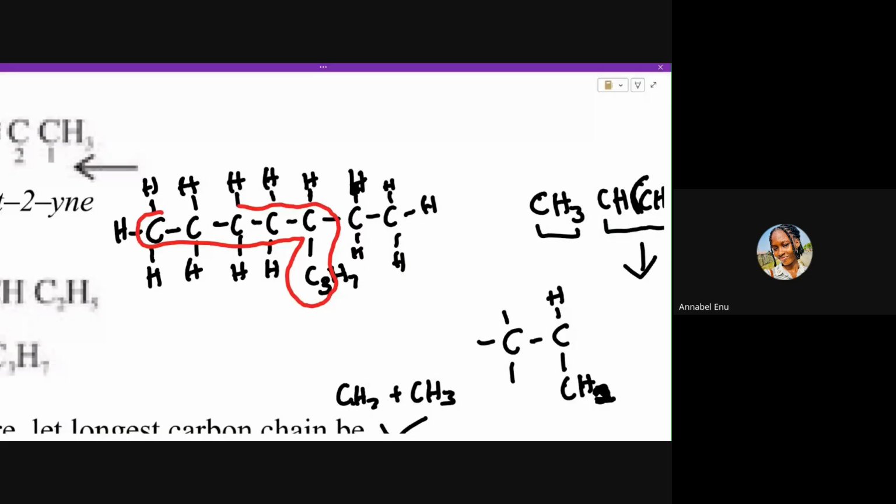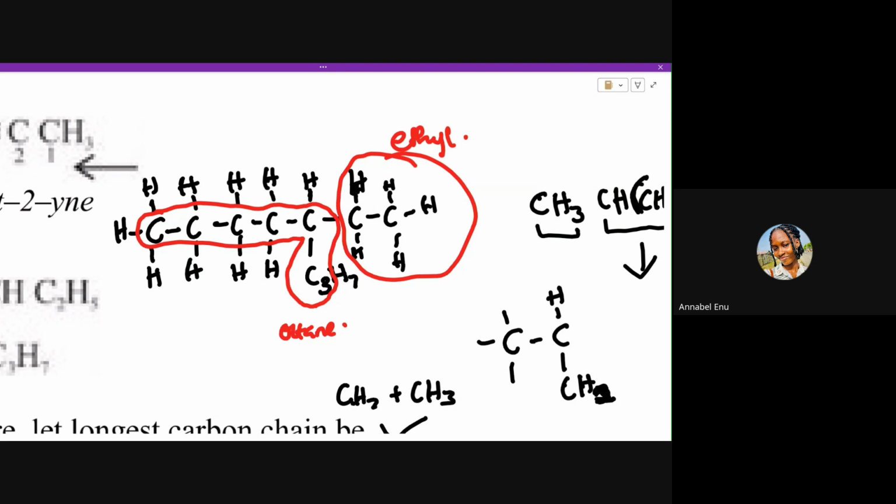Remember, 3 carbons are here. 3, 4, 5, 6, 7, 8. So this is going to be an octane compound. And this one here will now turn into a substituent, an ethyl substituent. So what will now be the complete name?